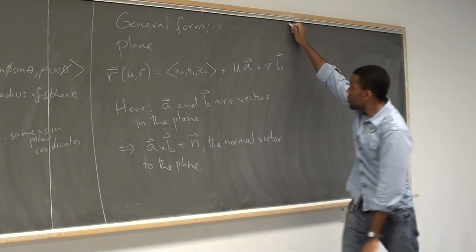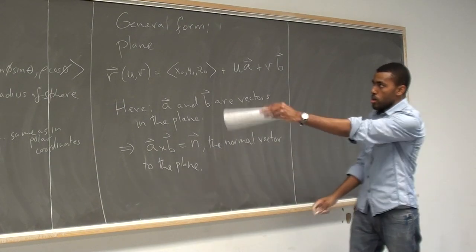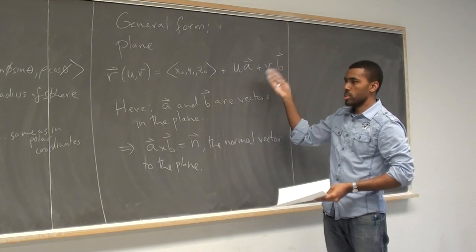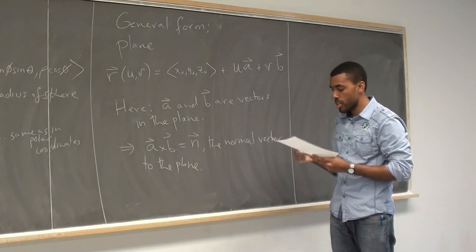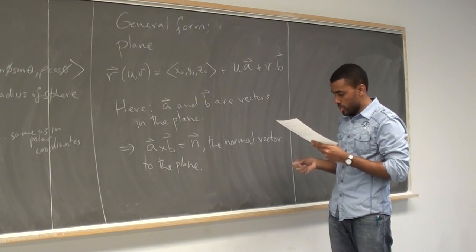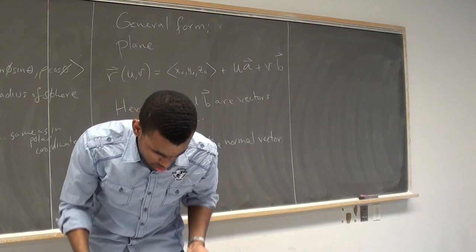When you're parametrizing something, that's how it's going to be parameterized. In your parameterization, you can't have the normal vector sticking out. You need two vectors in the plane, and it's equivalent; you can derive the original form from that.